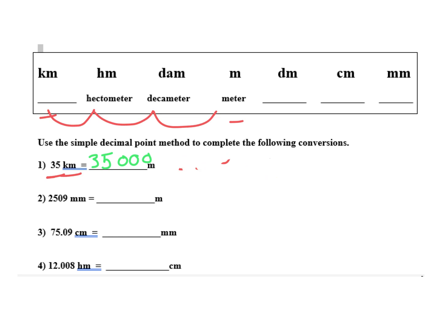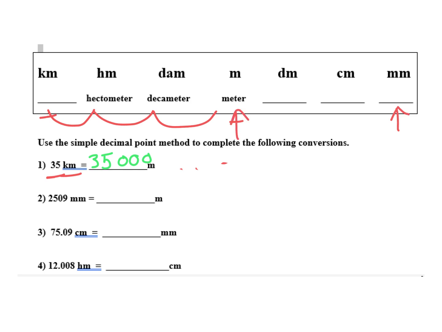Make that go away. So let's look at the second one. We have 2,509 millimeters. This is what we're starting with, and we want to convert that to meters.